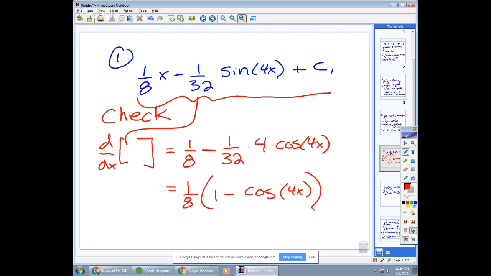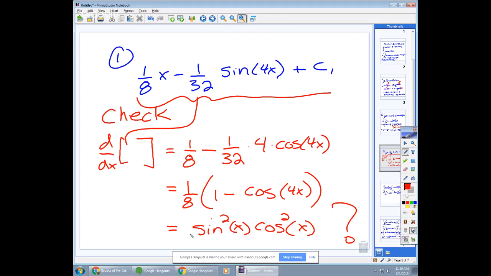That is supposed to be equal to the sine squared of x times the cosine squared of x. So we could apply some identities to that, or this, to try and get them to look alike. Or we could graph them and see if the graphs look the same.